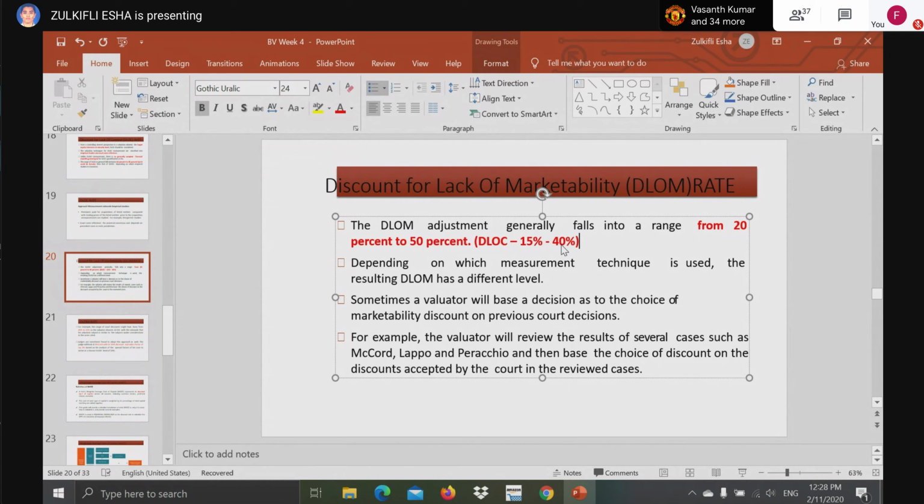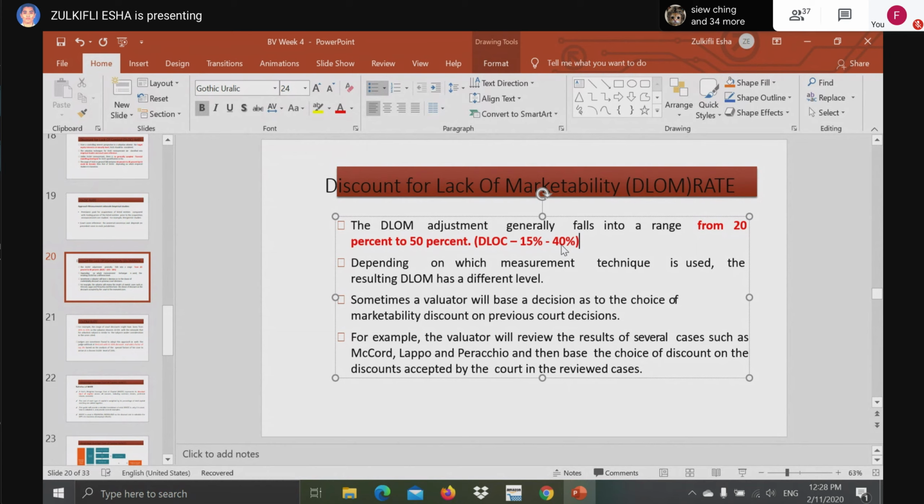So sometimes a valuator will base a decision as to the choice of marketability discount on previous court cases. So again, same with the DLOC. If there is any court cases that we can or we could refer to, then we should refer to the court cases as far as how to determine the rate for the DLOM is concerned.